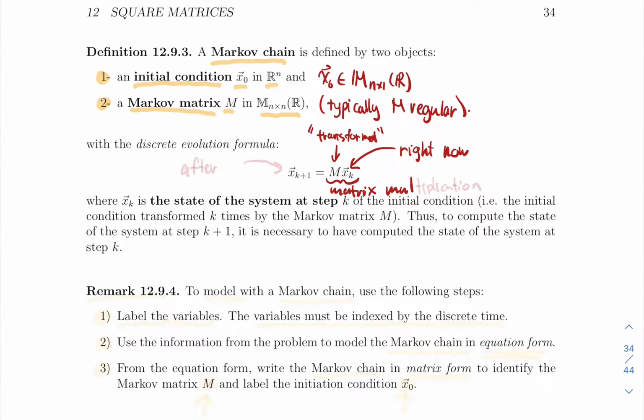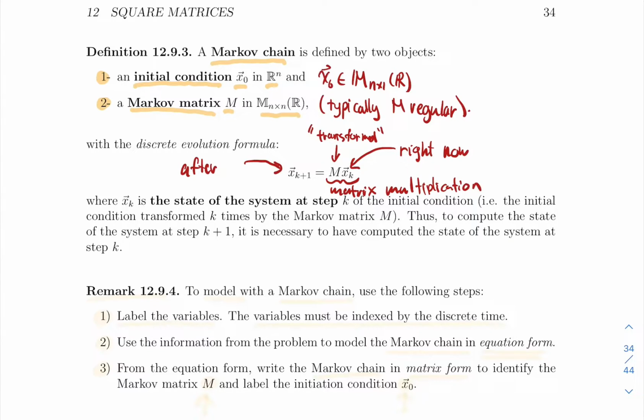So a Markov chain is really a simple application. Well, I cannot say the word simple here, but it's an application of matrix multiplication. And then what you get is the data after, either the day after, the week after, the month after, the year after.